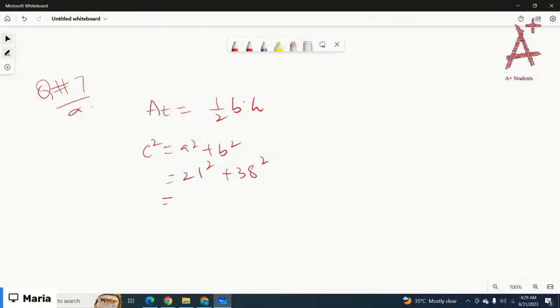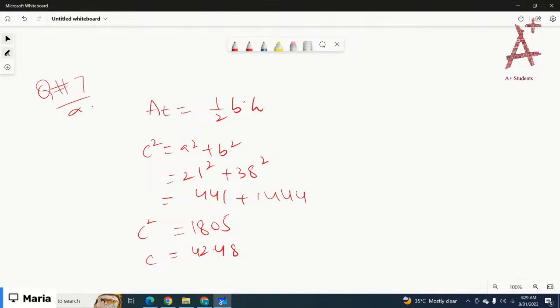So 21 square is 441, and 38 square is 1444. It would be 1805, and when you calculate the value of c, it would be 42.48, right?